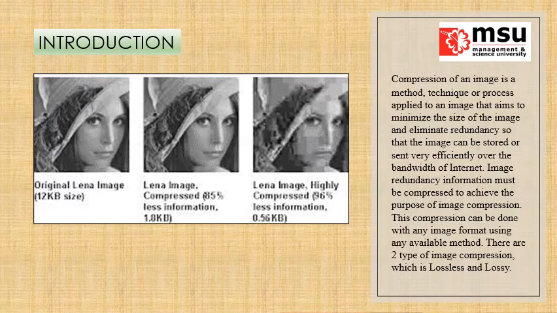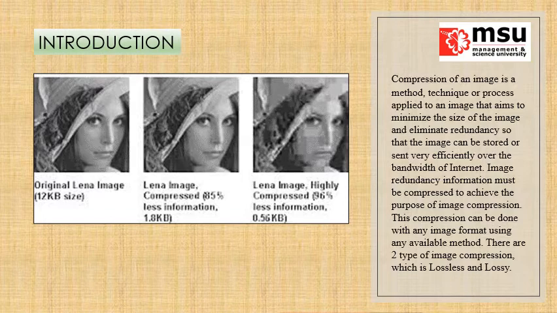Introduction. Compression of an image is a method, technique, or process applied to an image that aims to minimize the size of the image and eliminate redundancy so that the image can be stored or sent very efficiently over the bandwidth of the internet.